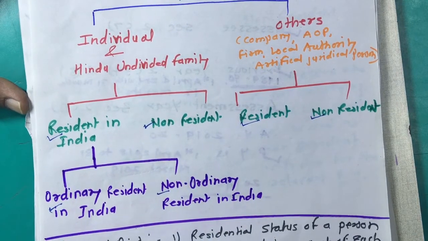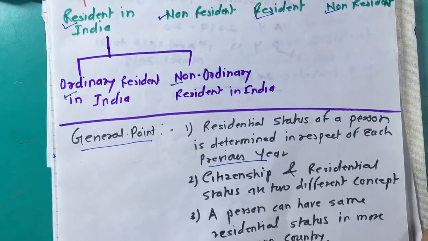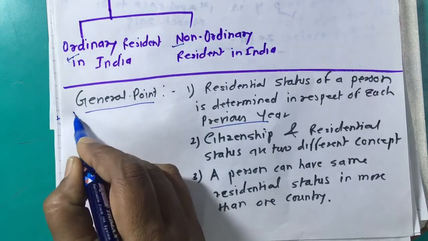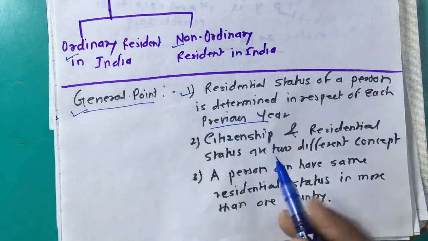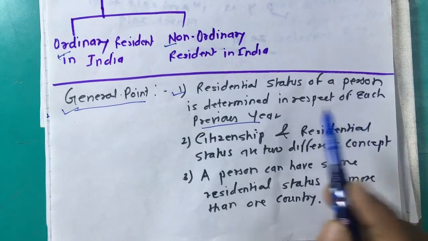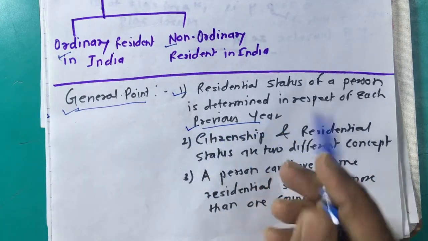For considering the residential status of a person, some general points are to be considered. First, residential status of a person is determined in respect of each previous year.